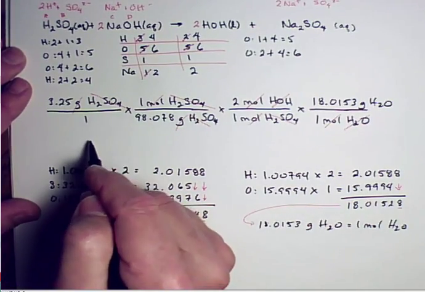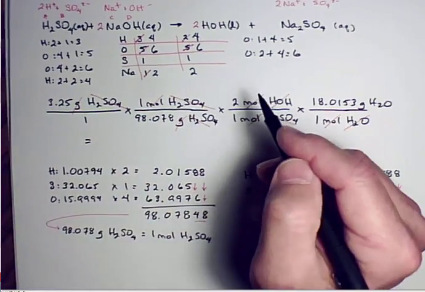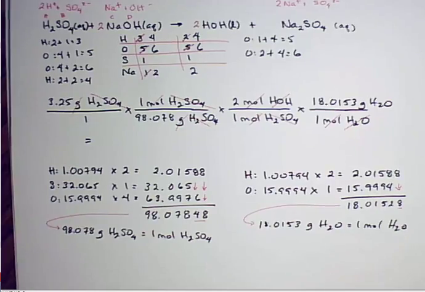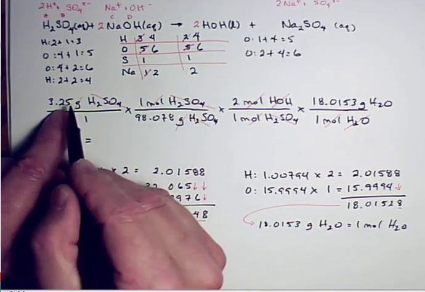We're ready to do the math now. So listen carefully. In your calculator, the way you're going to do this, to make it go the fastest possible way that you can, there's a lot of ways to put this in the calculator and get the right answer. There's also a lot of ways to get the wrong answer. But the fast way to put these in, and since we're doing a lot of these in this unit, this is all about stoichiometry in this unit, this is the fast way to do it.